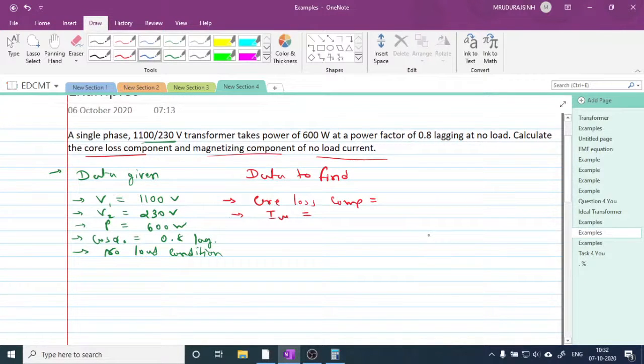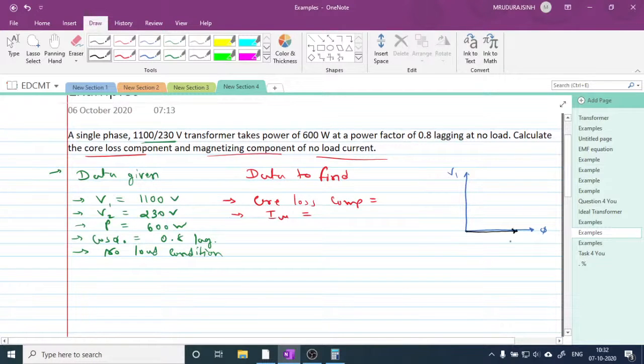So for that we will quickly draw the vector diagram. It's our phi, right? Over here we'll draw V1 or E1, whatever we can call it for this example. There are two currents.